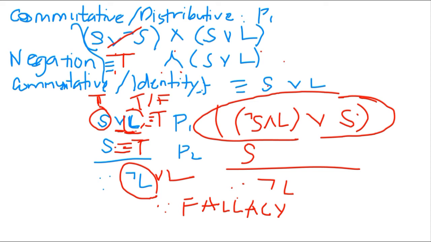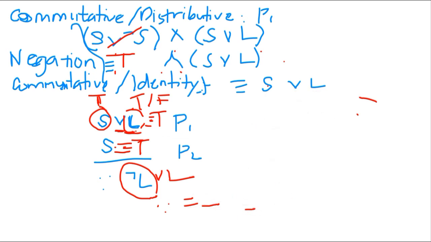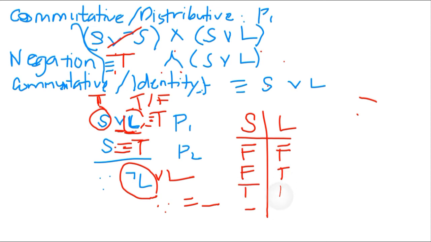We can also verify this with a simple truth table. So if we could come up with the columns for these values, say I have S and I have L, say false, true, true, false, and true, true, for example.